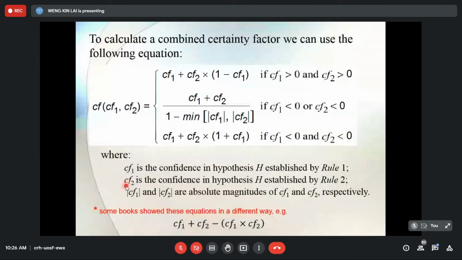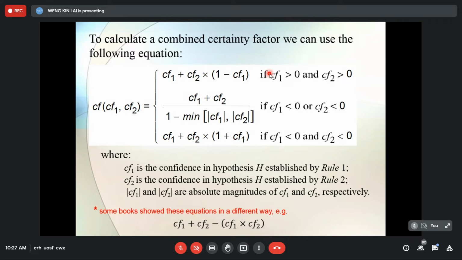So to calculate the combined certainty factor, we can use the following equation. This is divided into three parts. This is when you have this combination of certainty factors from two independent rules, which is your CF1 and CF2. Then the final value will be CF1 plus CF2 multiplied by 1 minus CF1.